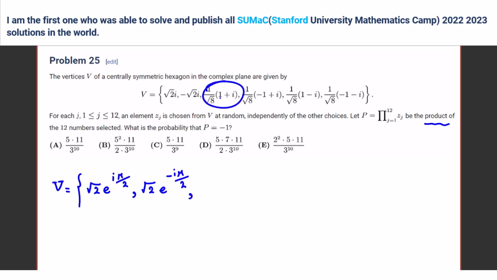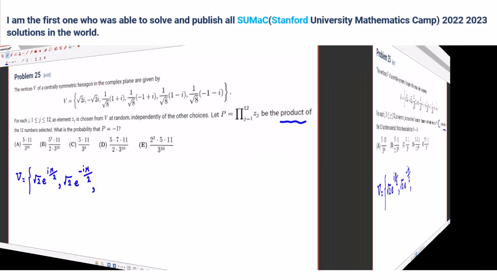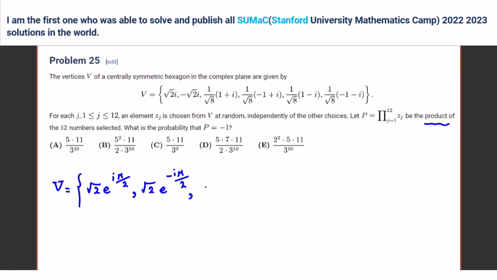What about this one? So 1 over 4 times e to the i pi over 4?